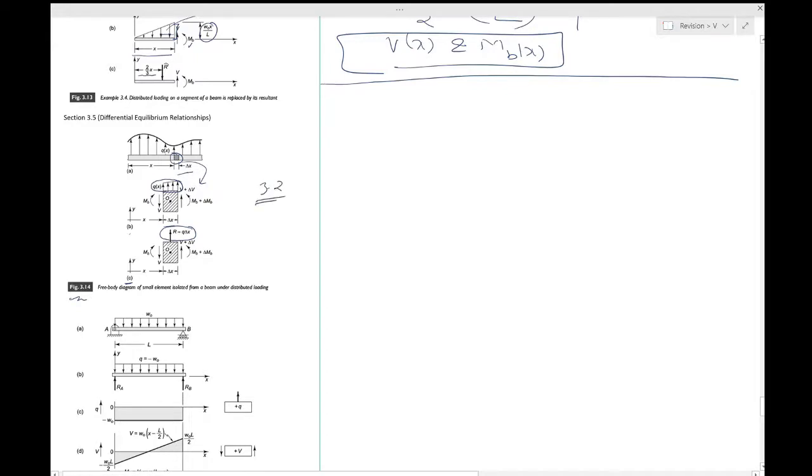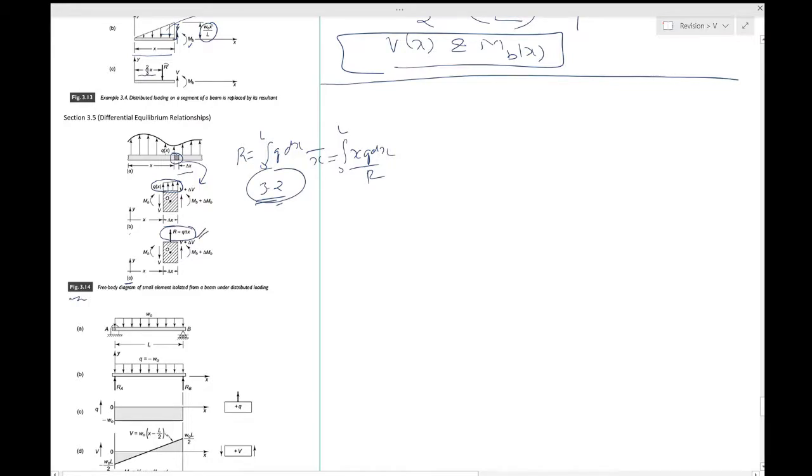What was 3.2? If you check back, that was this, and x bar, meaning where does this act, is the integral from 0 to L of x q dx divided by R. This was 3.2. So this is what you should have actually done to write this.